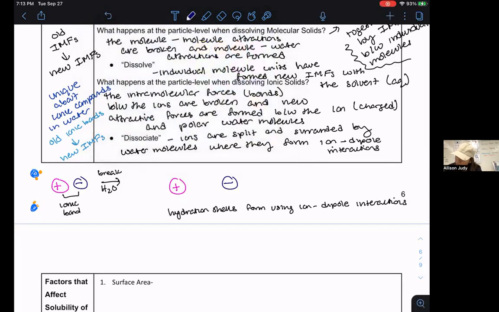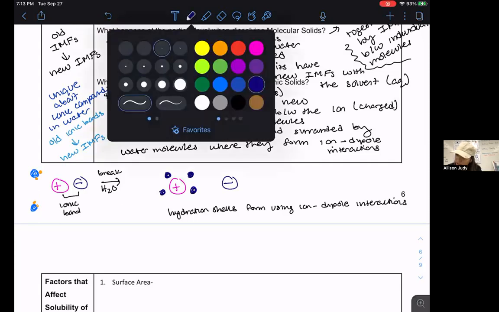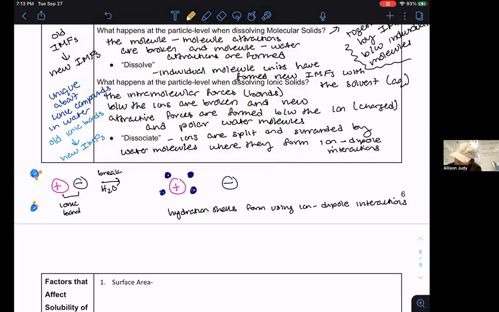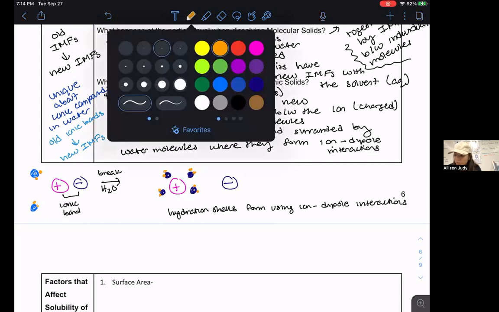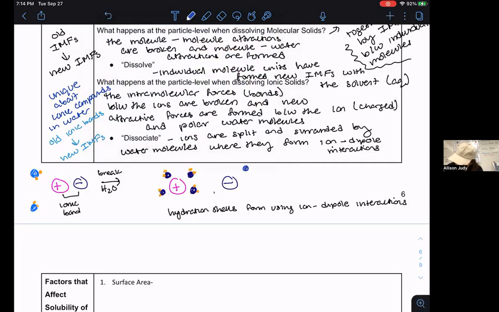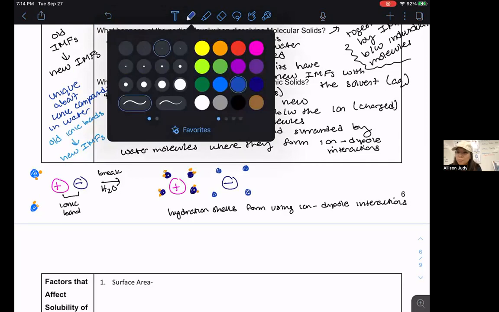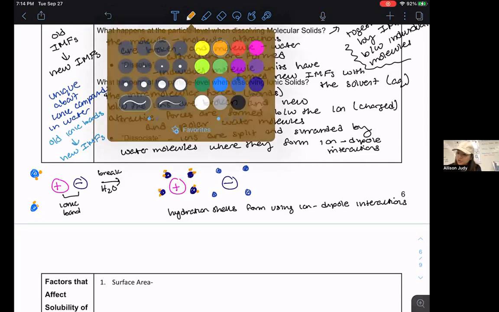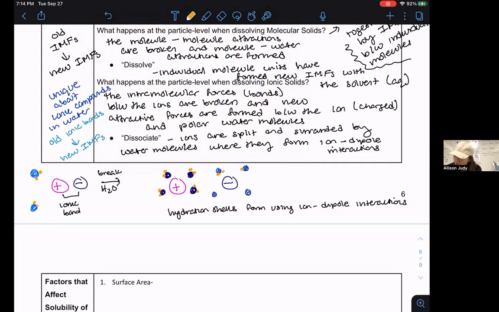So your water will surround the cation, so its more negative oxygen dipole, partial charge, is oriented near the cation. And then for the anion, the surrounding water molecules will orient themselves so their more positive dipole, partial charge hydrogens are closer to the anion.